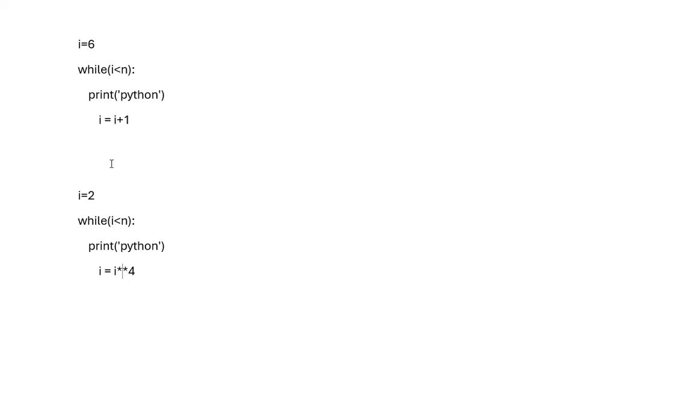So I, which is 2, starts out, and then we say I to the 4 is 2 to the 4th power, so that's I1, the first iteration through. The second iteration through is I, which is 2, to the power of 2.